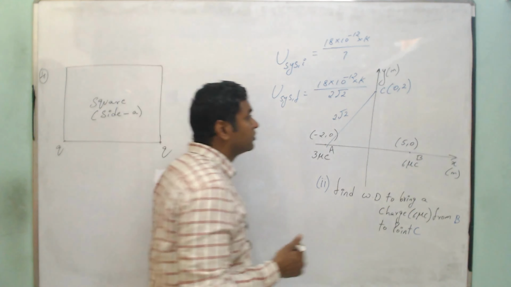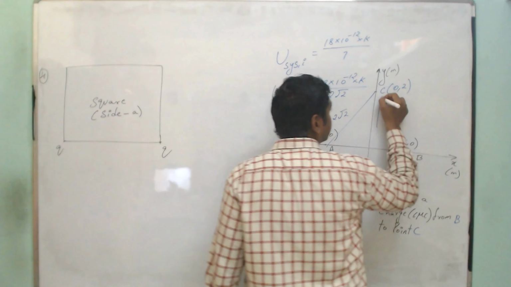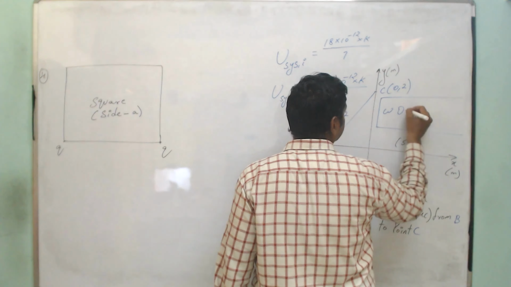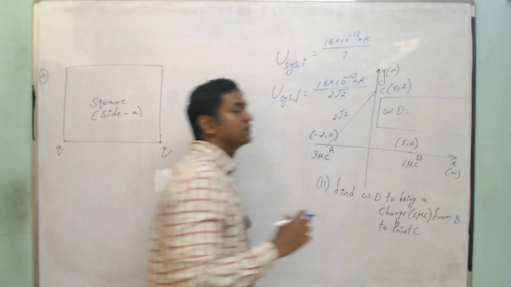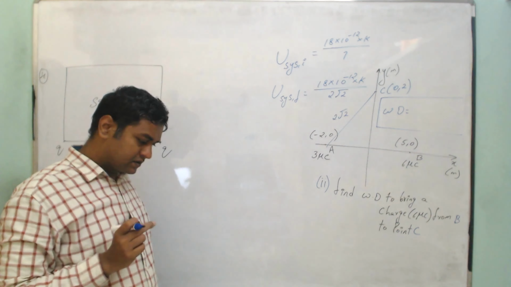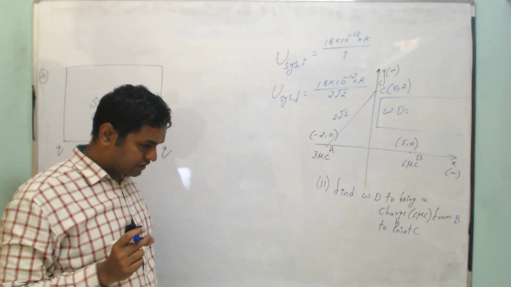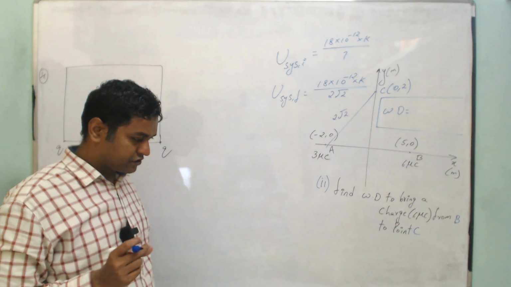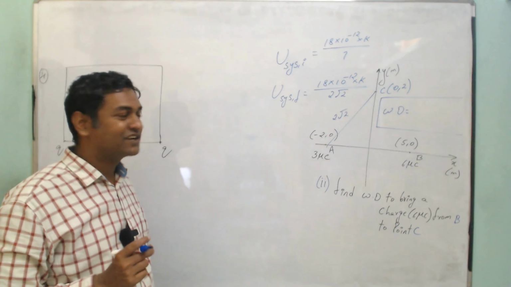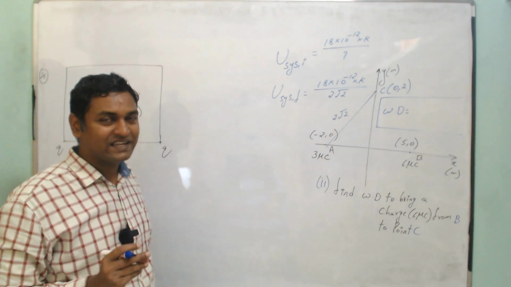Now, work energy theorem is what we have discussed in the last. Rate of change in electrical potential energy. Yeah, you are right, but wrong also. Don't get attached to things like that.